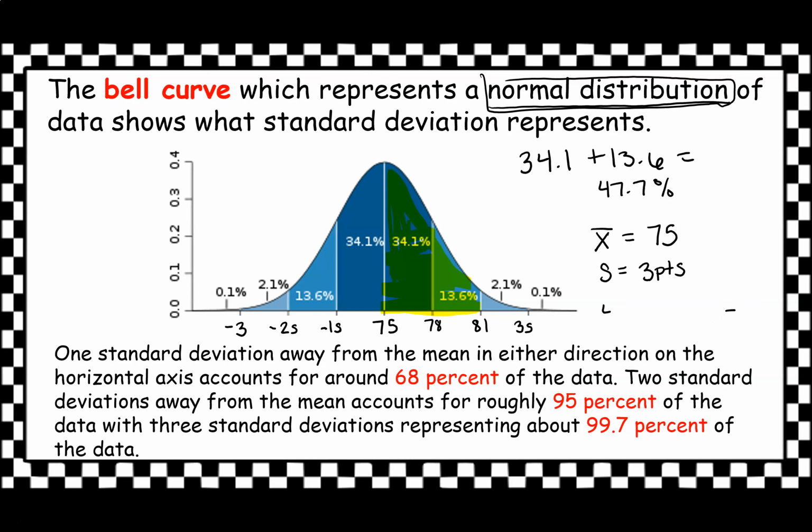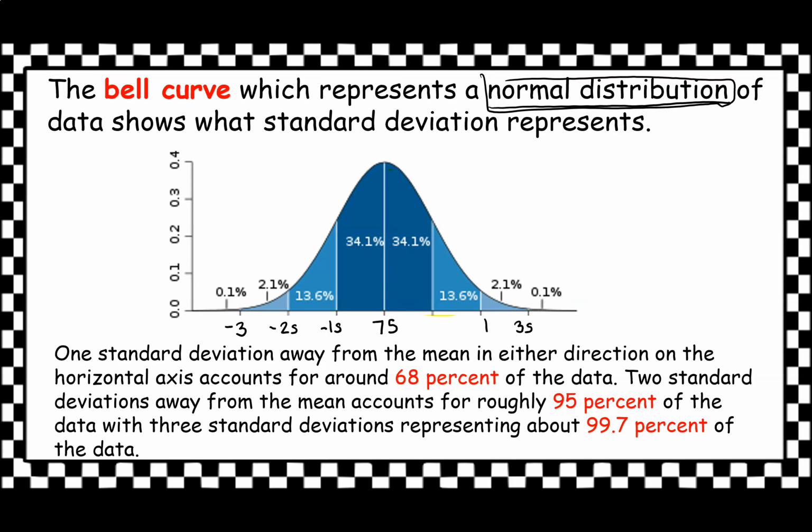All right, let's go back and look at what this text is saying on the bottom here. This is saying that roughly, okay, if you'd like to use these exact decimal values, you are totally welcome to. If not, if you want to use just the 68%, 95%, and 99.7%, you're welcome to. All right, one standard deviation away from the mean in either direction on the horizontal axis accounts for around 68%. What am I talking about there?